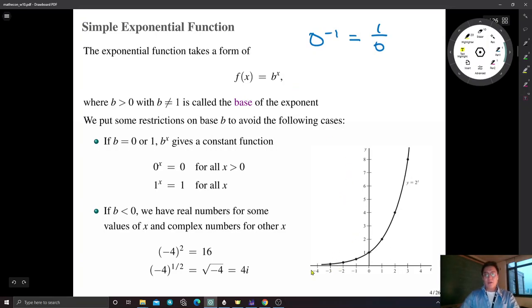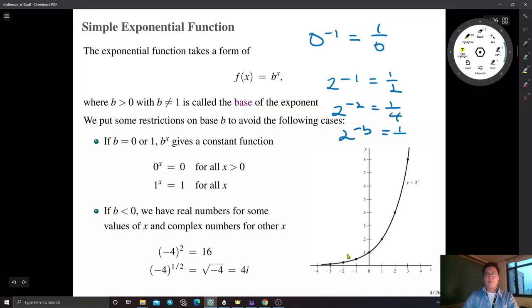So here is the graph of the exponential function when the base is equal to 2. That grows exponentially, as you expect. When x is equal to 1, it gives us 2. At 2, it gives 4, and at 3, 8. And when x is a negative value, say negative 1, 2 to the power negative 1 is 1/2. 2 to the power negative 2 is 1/4.